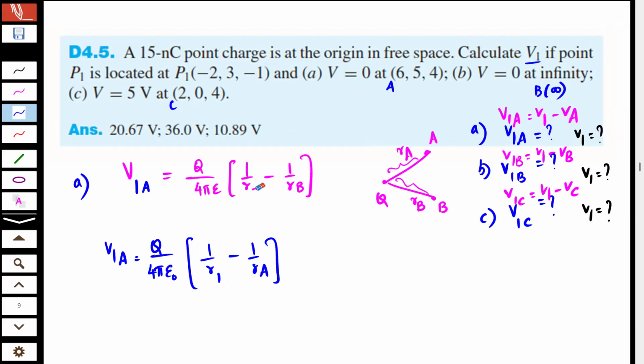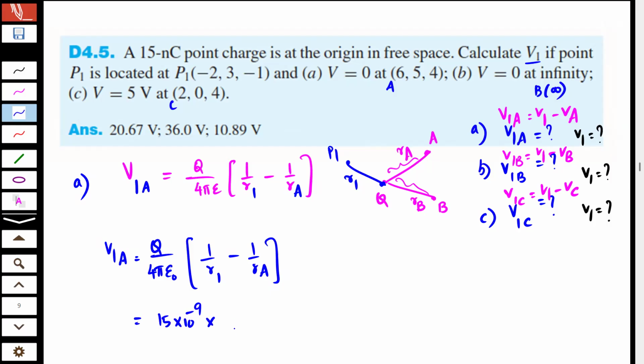So here all the formulas should be rewritten with respect to the corresponding points. So let me consider here the point P1 and the distance R1. Let me consider. So the charge Q value is 15 nanocoulomb. So I will write 15 nano.